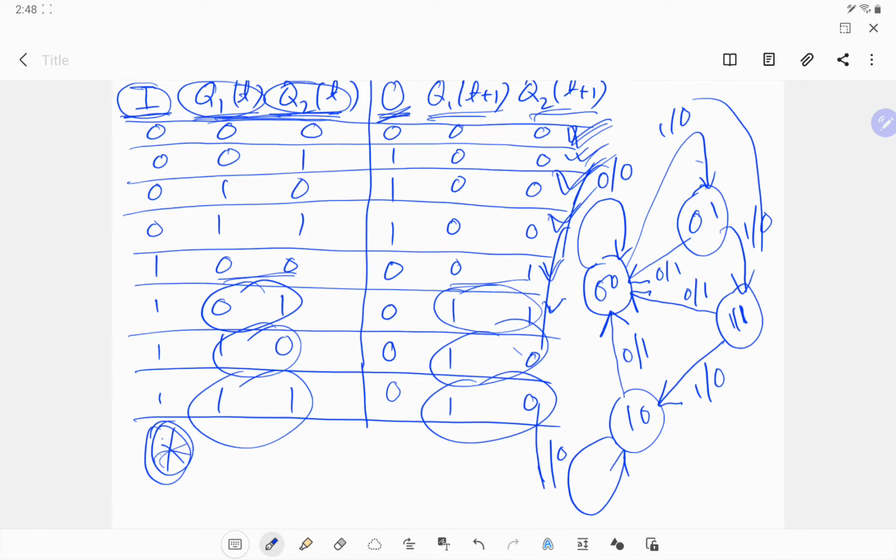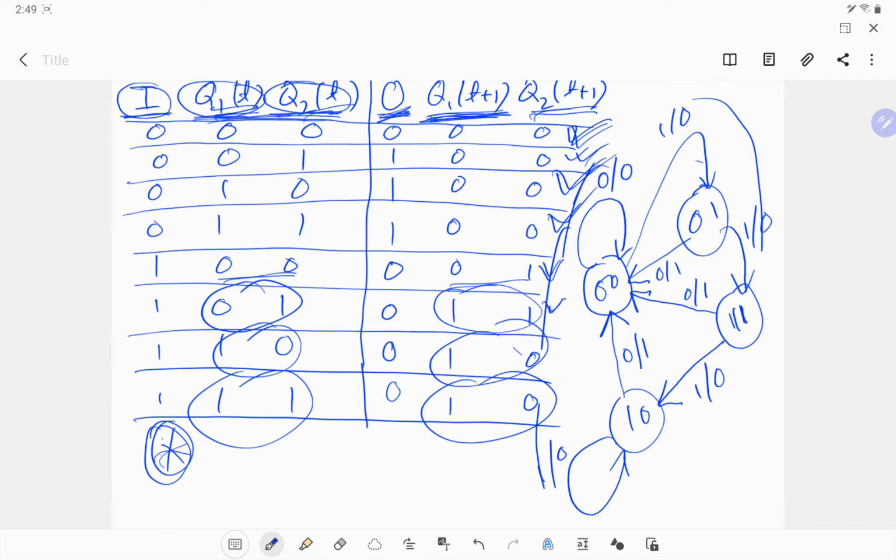By using a 3-variable K-map, we can find the function for O in terms of I, Q1t and Q2t. Similarly, we can find the function for Q1t plus 1, and again the function for Q2t plus 1, in terms of I, Q1t and Q2t.